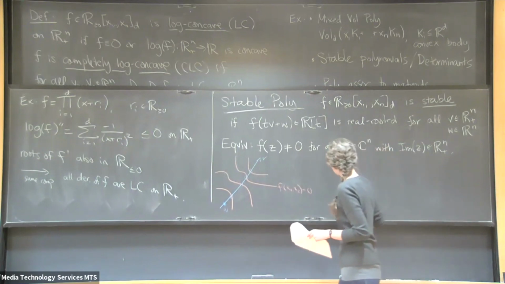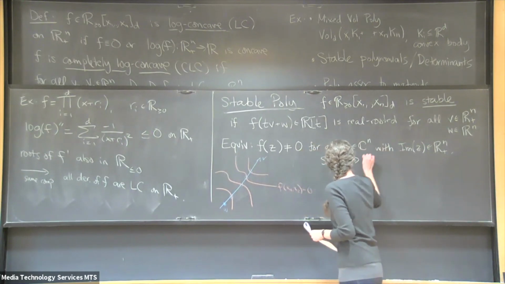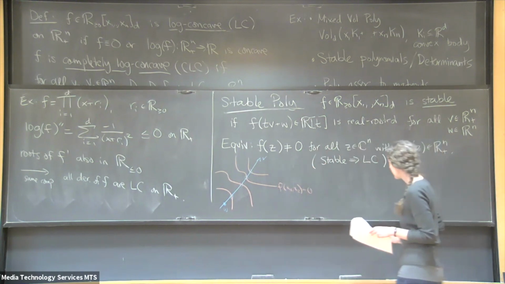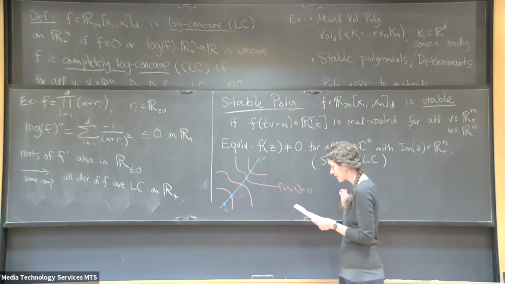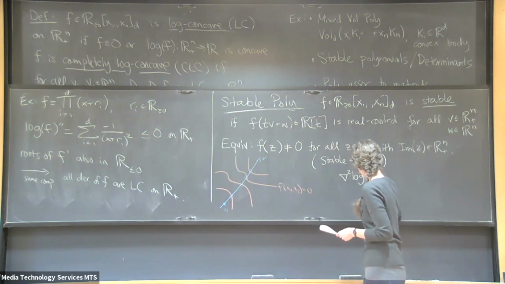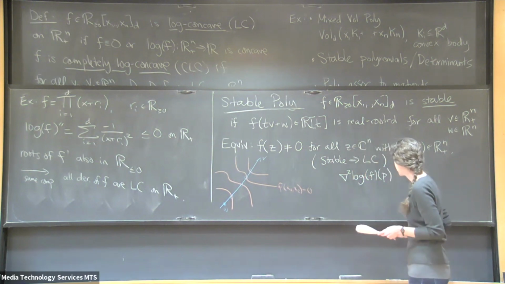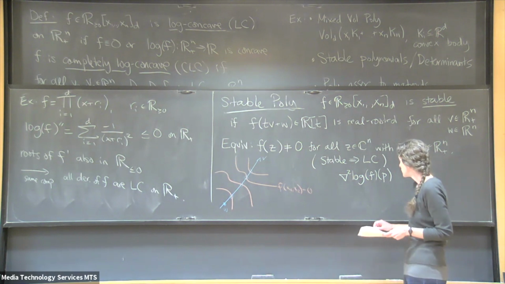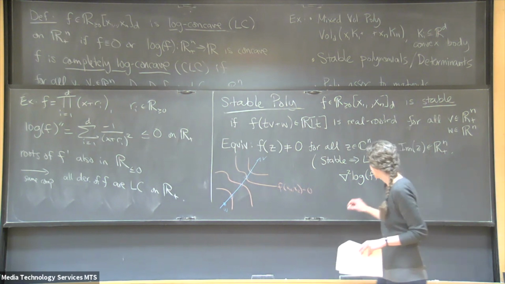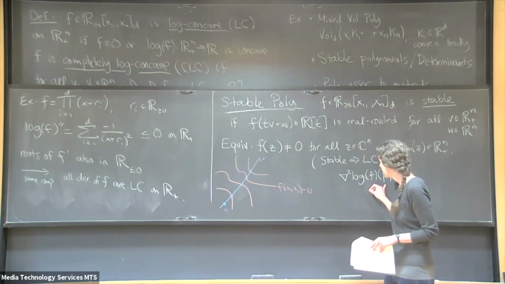Let's see if I can do this here. Stable. Is that if I imagine taking the Hessian of the log of f, and evaluating at some point. So this is a symmetric matrix, and I want it to be negative semi-definite at this point.